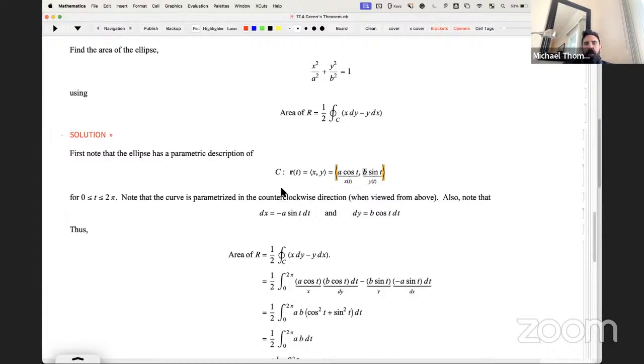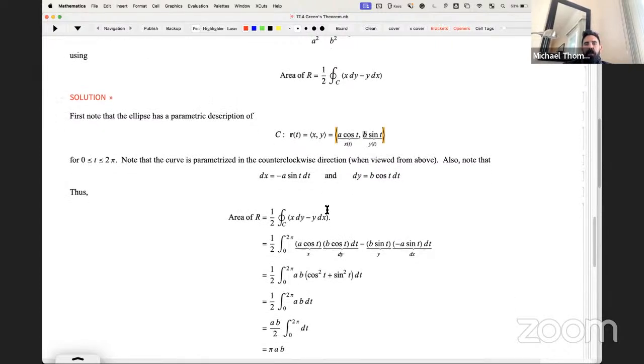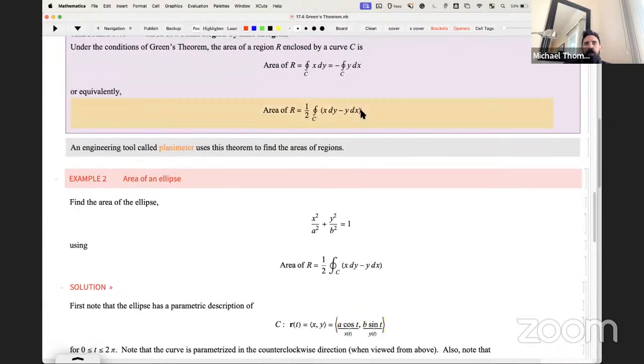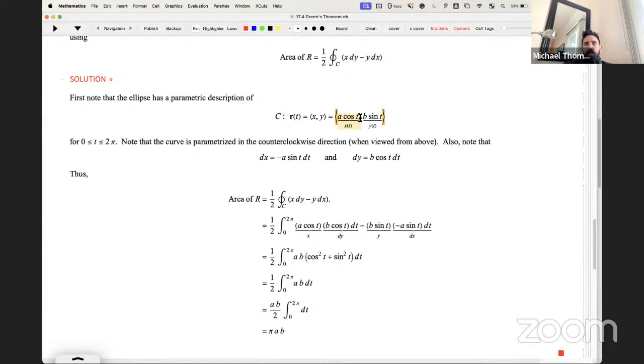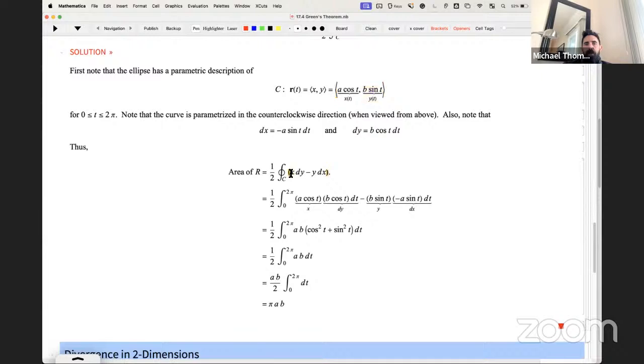All right. Okay, so now that we've got the parameterization, let's go ahead and use that formula. We're using this one. So in order to use it, we're going to need to find dy and dx. And the dy and dx basically come from your curve. So the x and the y come from your vector field.